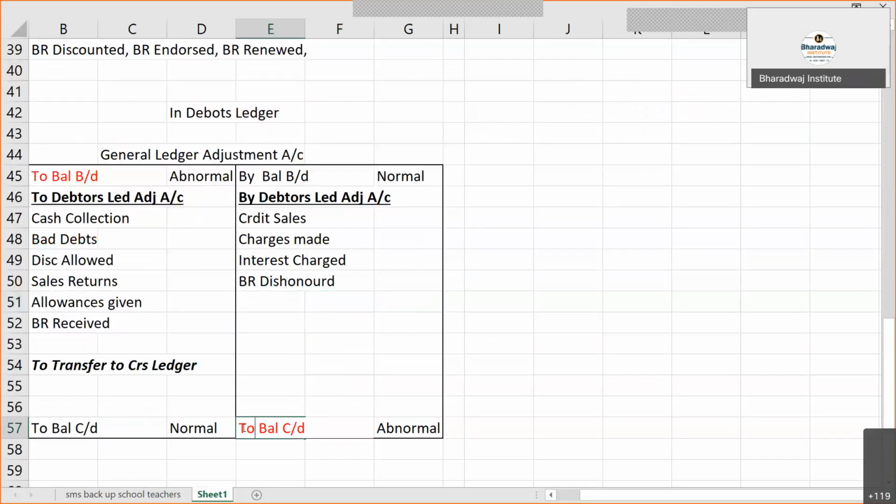Then by balance carry down. Just a reverse image is done. This is in debtors ledger. We prepare the general ledger adjustment account.